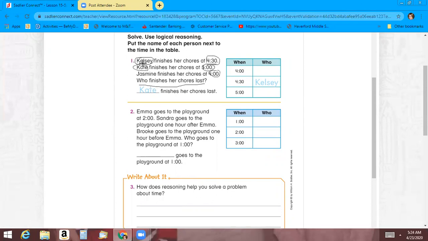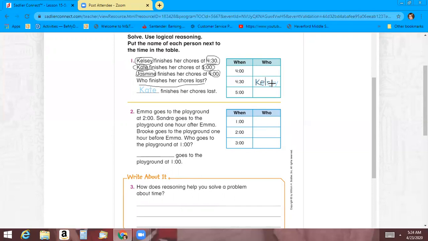So you know this information is really important. So we're going to fill out the chart over here in order to figure out who finishes their chores last. So we know that Kelsey finishes her chores at 4:30. So they wrote already, and we can trace over Kelsey for us in this box. It shows Kelsey did her chores at 4:30.